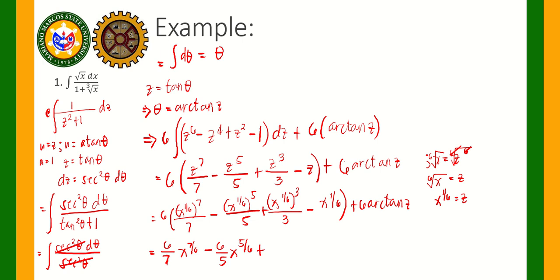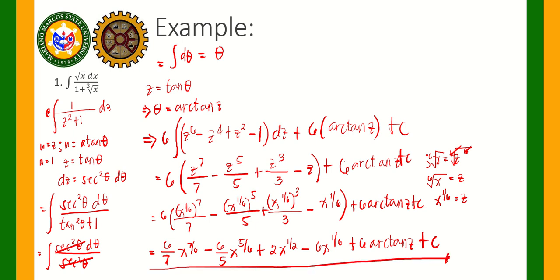And then, plus 6 over 3, that will be equal to 2, and then x raised to 1 over 6 times 3, that will be equal to x raised to 1 half. And then, minus 6 x raised to 1 over 6 plus 6 arctan z. And then, plus c. Huwag niyong kakalimutan si plus c kahit lagi kong nakakalimutan. So, this is the final answer for example number 1 in algebraic substitution.